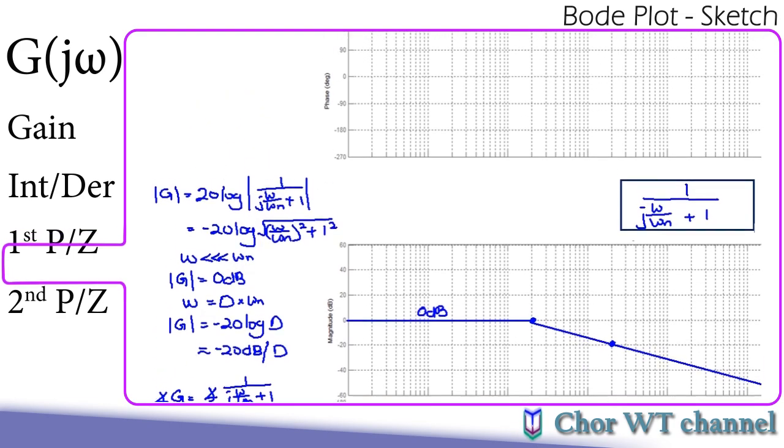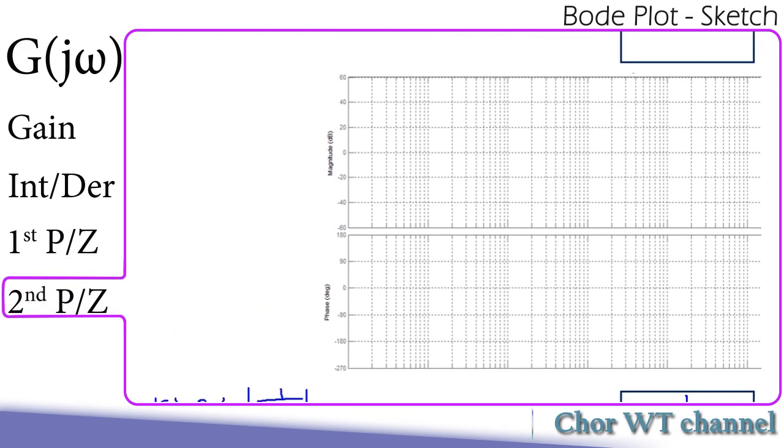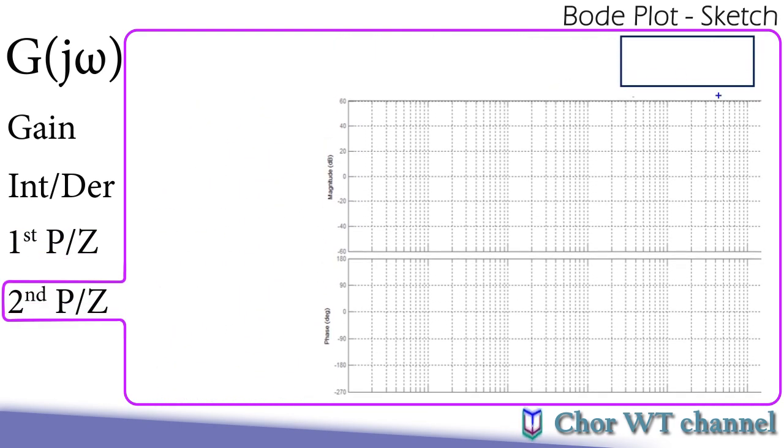Next, we move to the last term, which is complex poles or zeros. In this example, I'm going to assume the complex poles having the form of 1 plus j 2 zeta omega over omega n plus j omega over omega n squared.